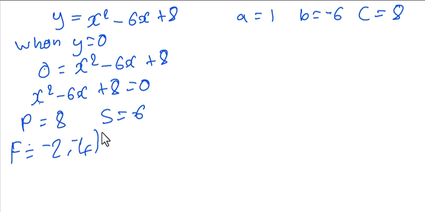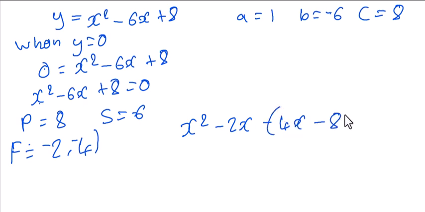Hence we're going to write our expression as x squared minus 2x minus 4x plus 8. Then we factor out what is common.